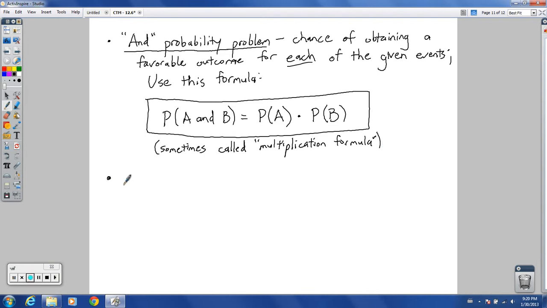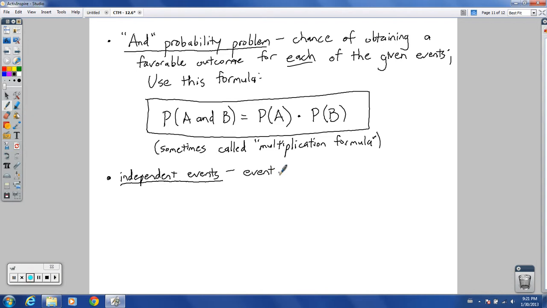And then a couple other things that you get to find right here: independent and dependent events. And then we'll move on to the last example for this lesson. So independent events. It's just like it sounds. These are events that are independent of each other. Think of it like that.